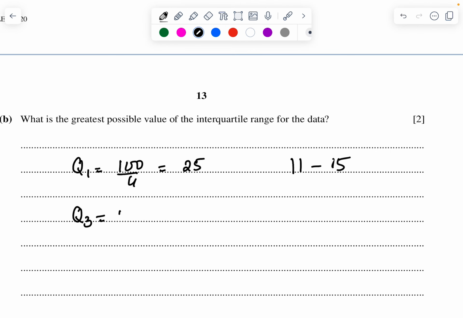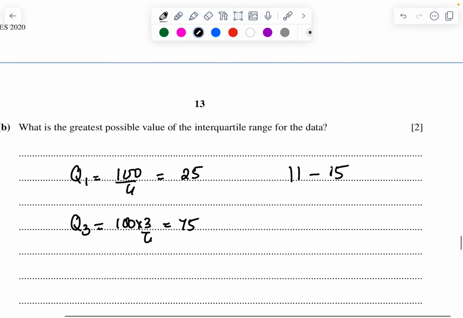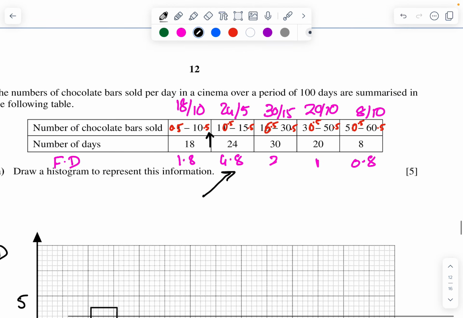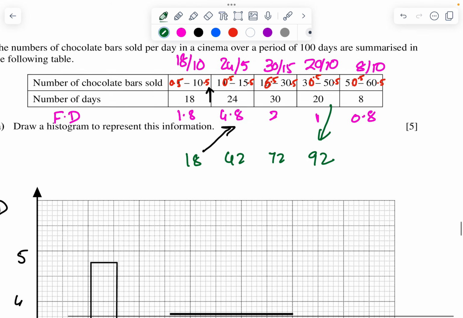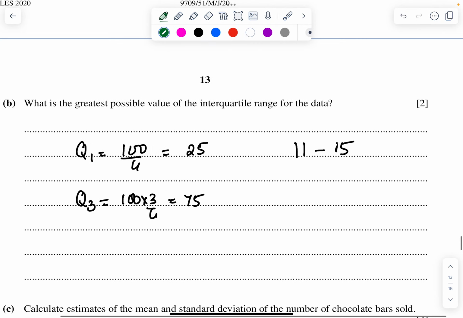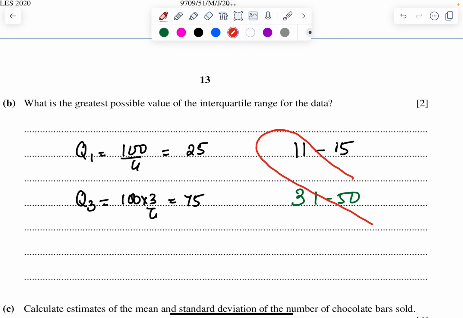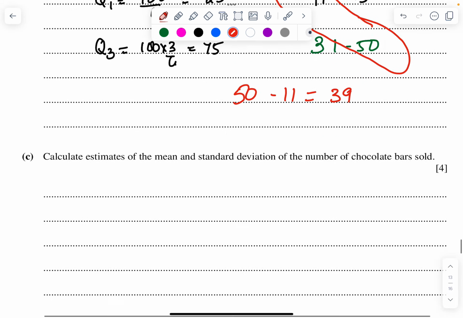Q3, 100 times 3 upon 4, which is 75. Do the cumulative frequency: 18, 42, 72, 92. So 75 comes in 31 to 50. So what is the difference? The maximum difference is 50 minus 11, which is going to be 39.